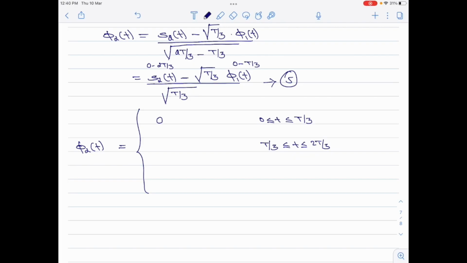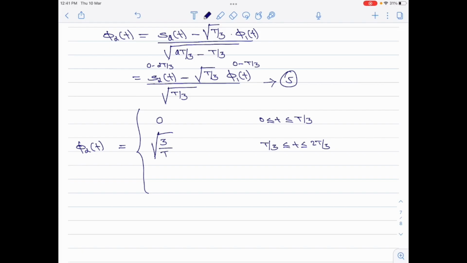Therefore, in the numerator, the second term reduces to 0 and only the first term of the numerator will remain, which is equal to 1. Therefore, the final answer for phi 2 of t over the interval T by 3 to 2T by 3 will be 1 divided by square root of T by 3, which is going to result in square root of 3 divided by T.